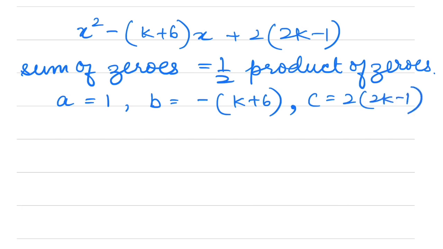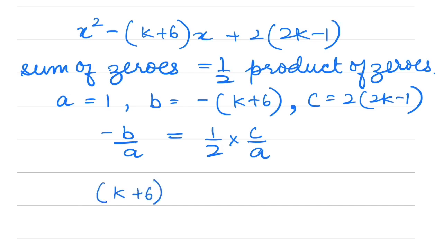Now sum of zeros is equal to minus b by a, and that is equal to half of product of zeros, which is c by a. So we'll substitute the values now. Minus b I can substitute as minus of minus (k plus 6), so minus minus becomes plus, and k plus 6. a is 1, is equal to half, and c is 2k minus 1, and a is 1.